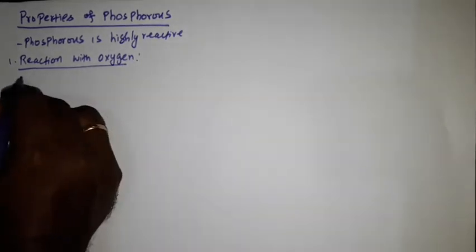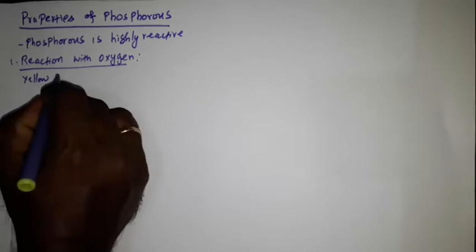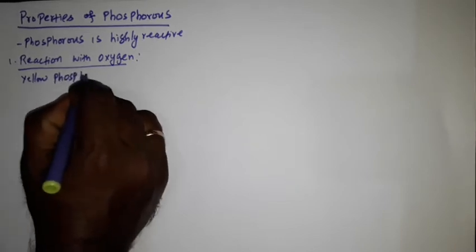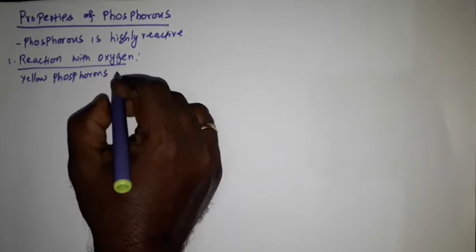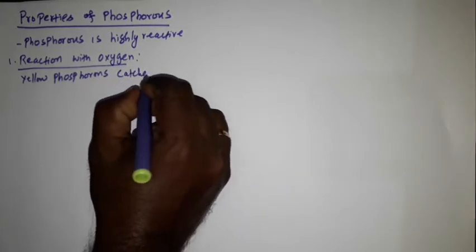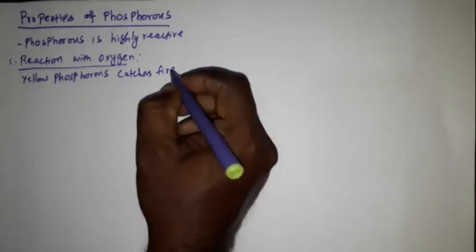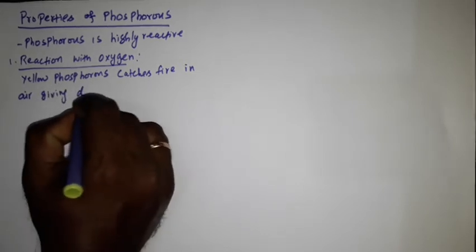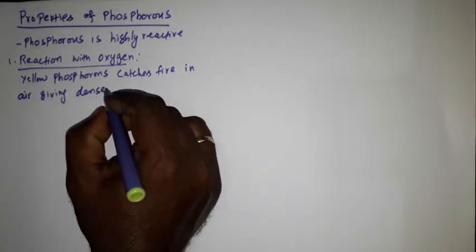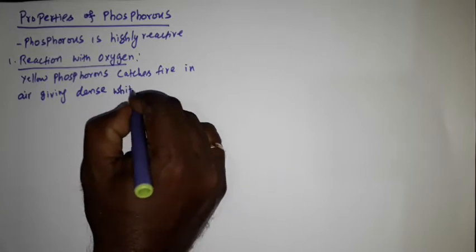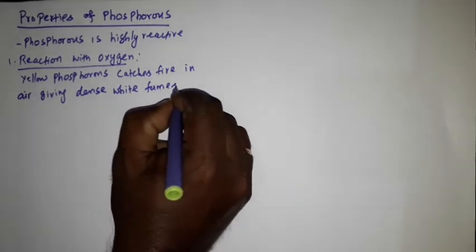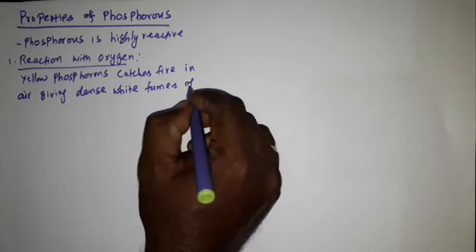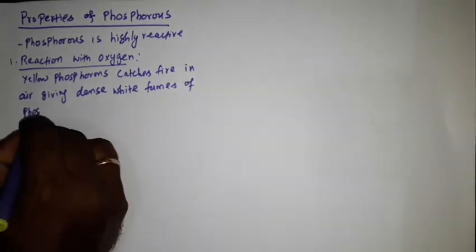Yellow phosphorus catches fire in air, giving dense white fumes of phosphorus pentoxide.